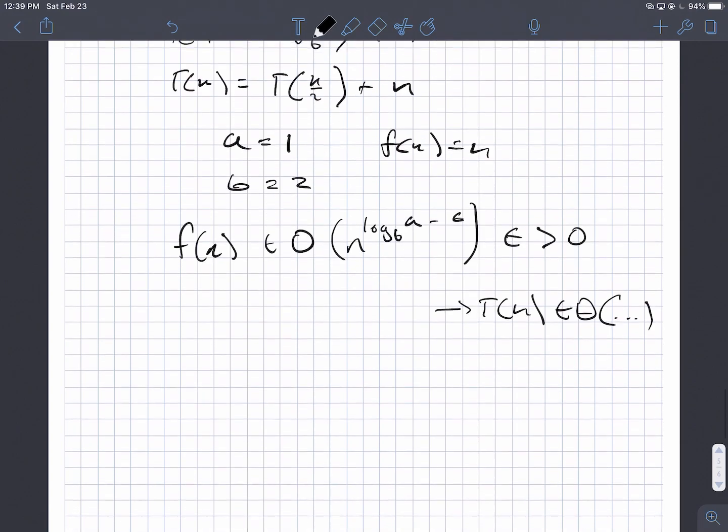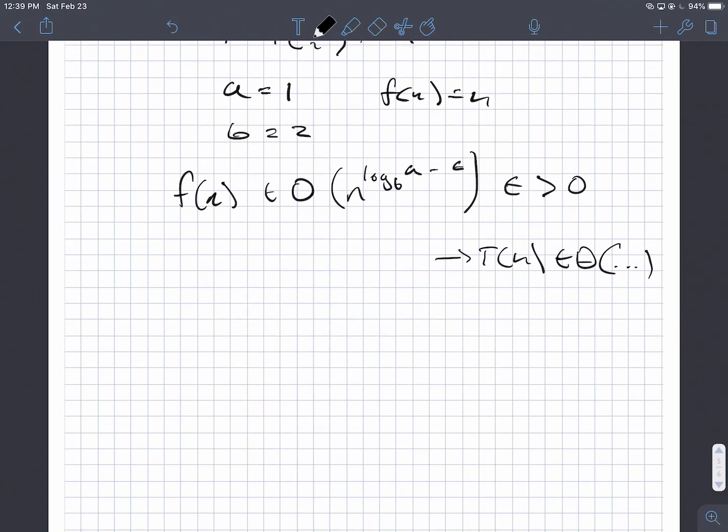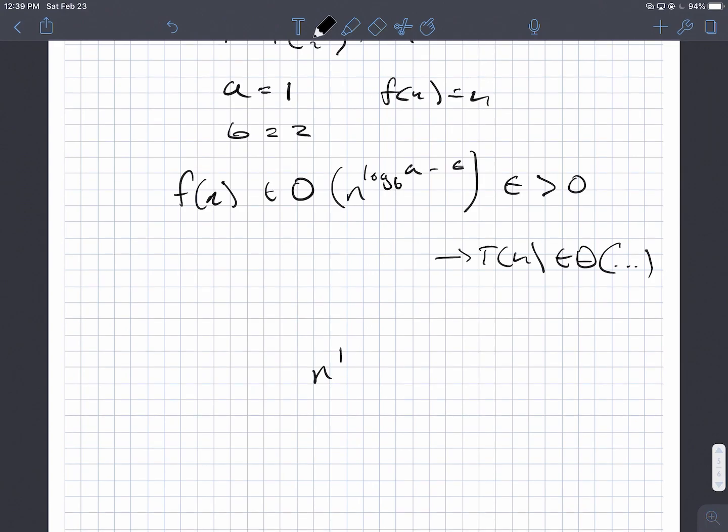So let's see if we're in this case. n to the log base b, where b is 2, of 1 minus epsilon, and f of n is n. Can we select an epsilon greater than 0 for which that is true?